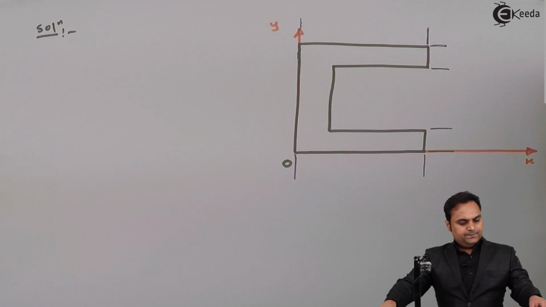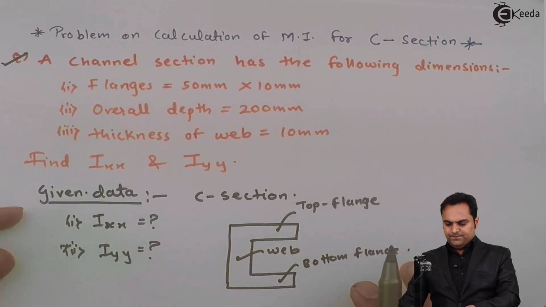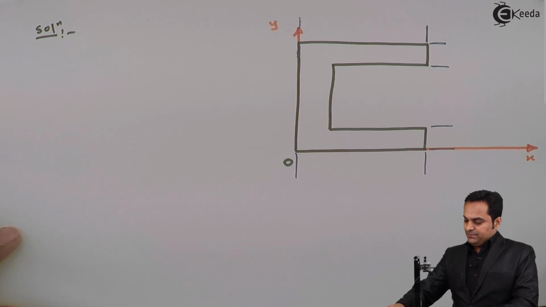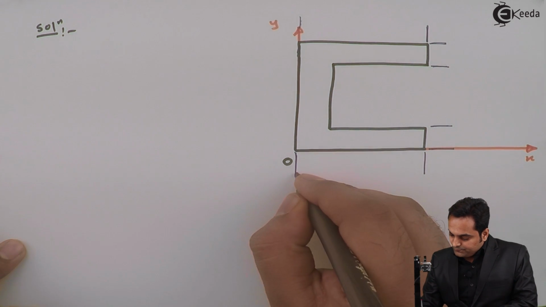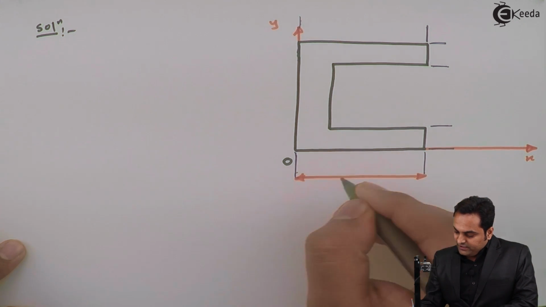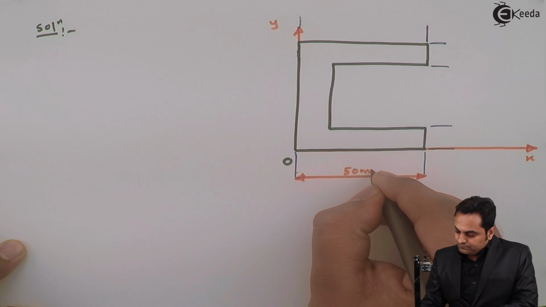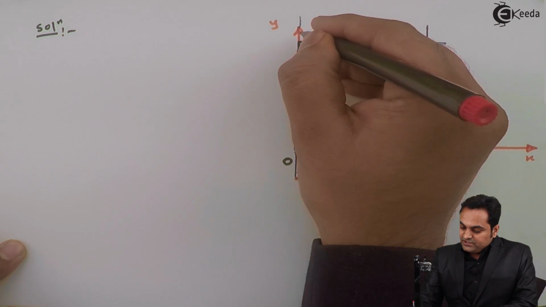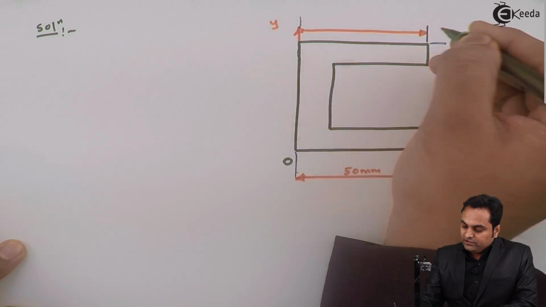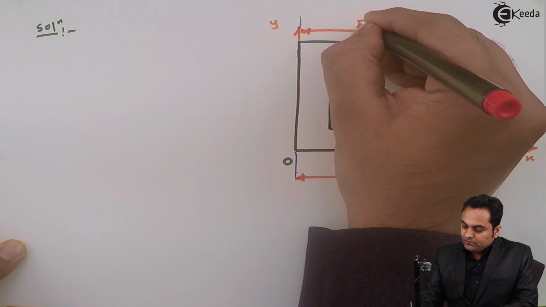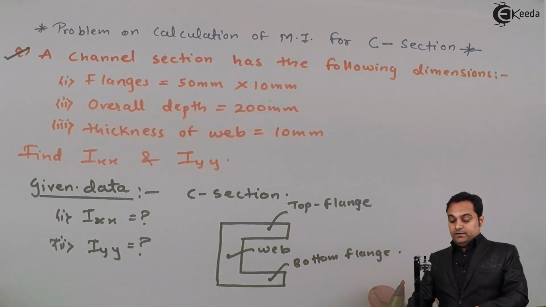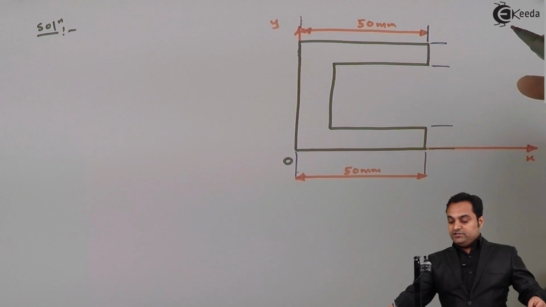It is given that the flanges are 50 mm into 10 mm. So the width of the flange is 50 mm, both for bottom as well as top flange. The width will remain the same, 50 mm. Then it is 50 into 10, so the width is 10 mm.